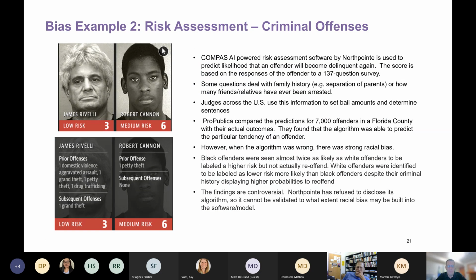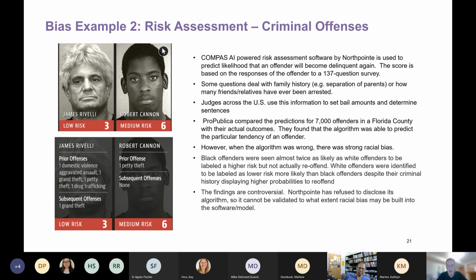Here's a second example, criminal offenses. So there's a system out there called Compass, and it was designed with all the best intentions. It basically gives an offender a survey of 137 questions, and they are hopefully truthfully answering all those questions.